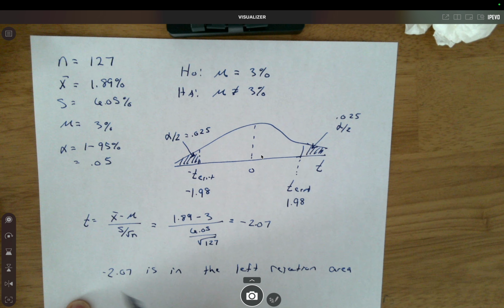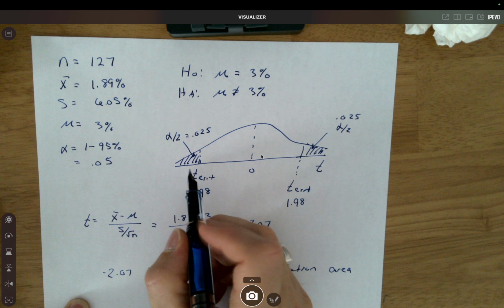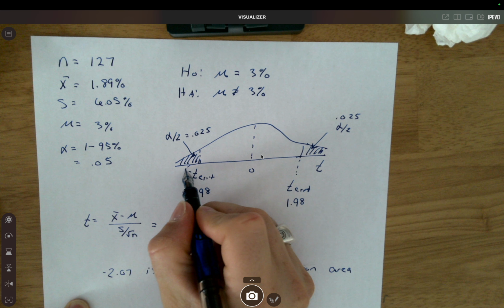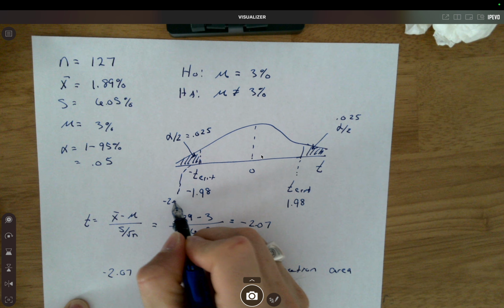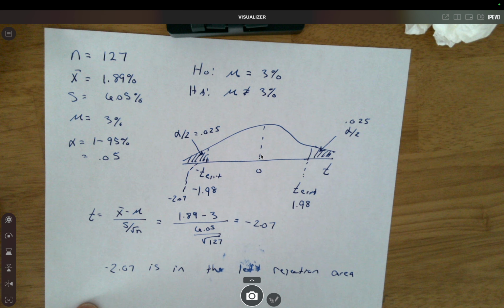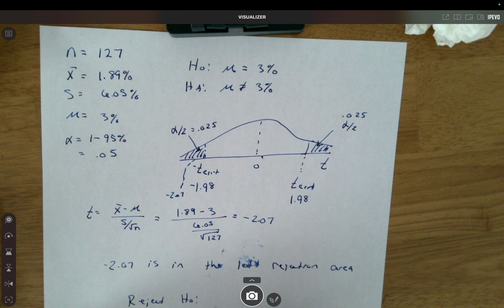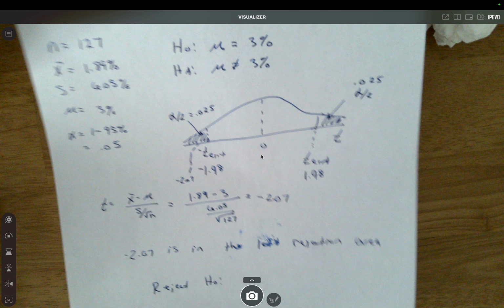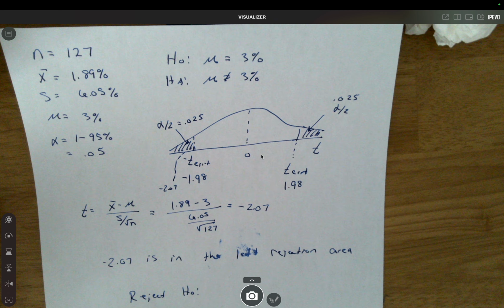So since negative 2.07 is somewhere over here to the left of the negative 1.98, we reject the null hypothesis. The reason we're rejecting the null hypothesis is that their claim is 3%.